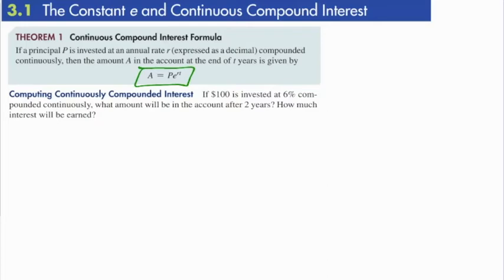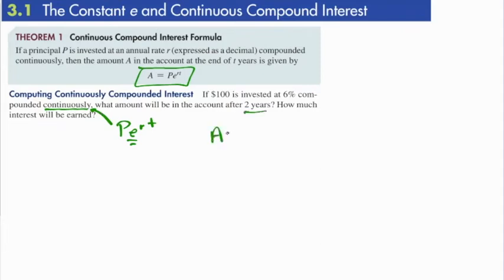And they give us an example here. It says if $100 is invested at 6% compounded continuously, as soon as you see that word continuously in there, that is what should set off that you're using the PERT formula. Compounded continuously means we want to use the natural base e. What amount will be in the account after 2 years?